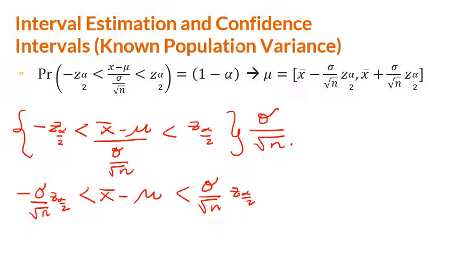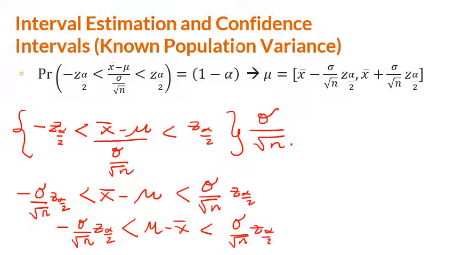So ano yung mangyayari dito class? So magiging negative sigma over square root of n z alpha 2 less than mu minus x bar less than sigma over square root of n z alpha over 2.